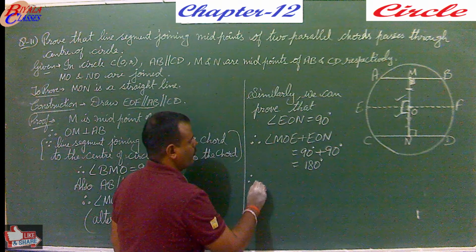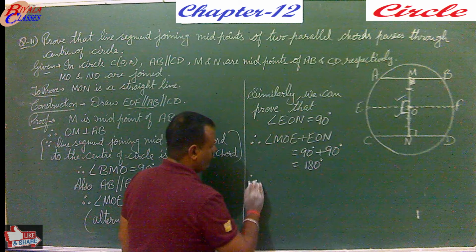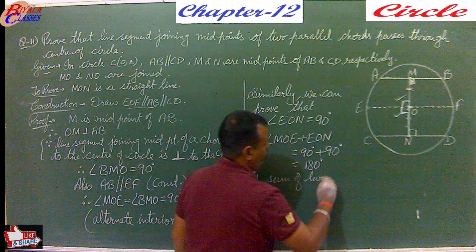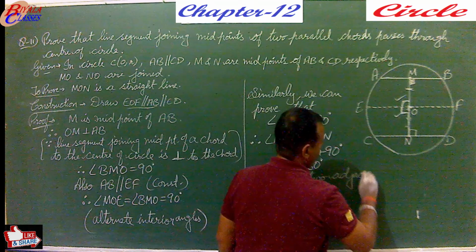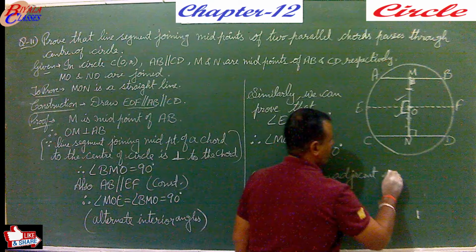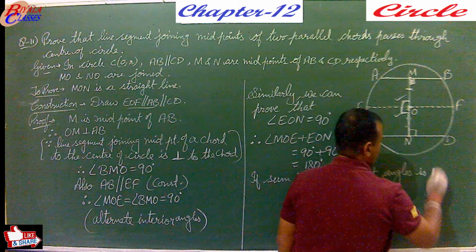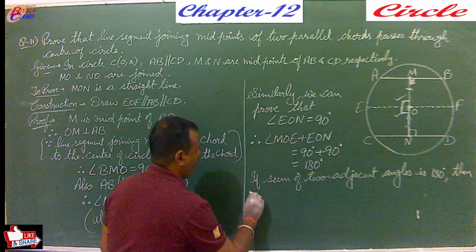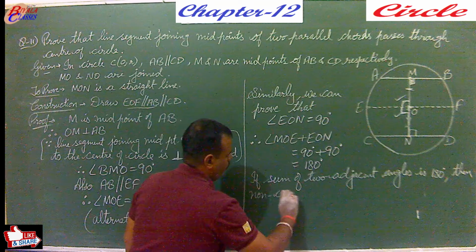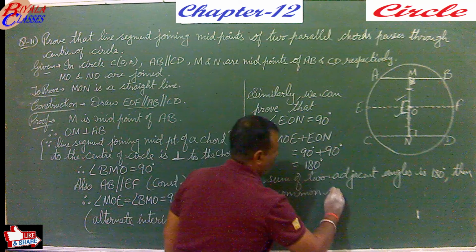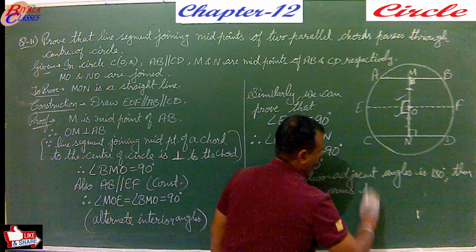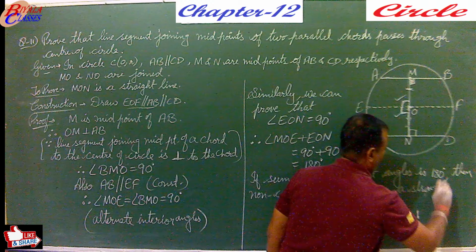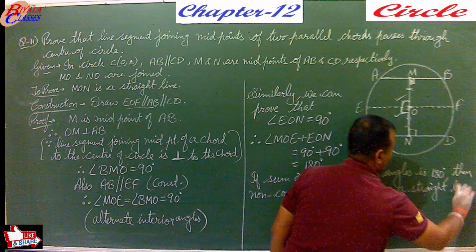Therefore, if the sum of two adjacent angles is 180 degrees, then the non-common arms form a straight line.